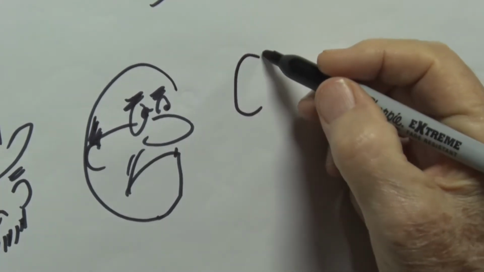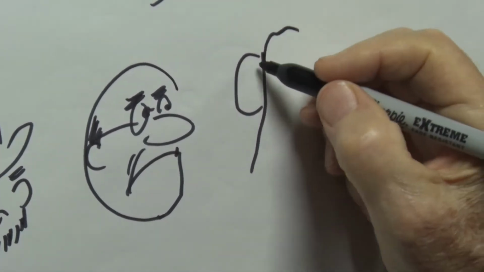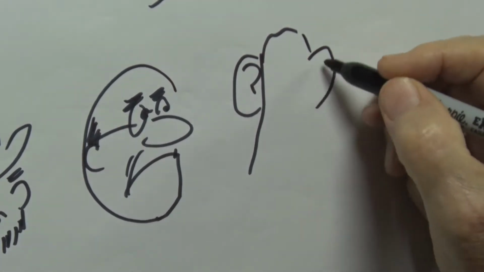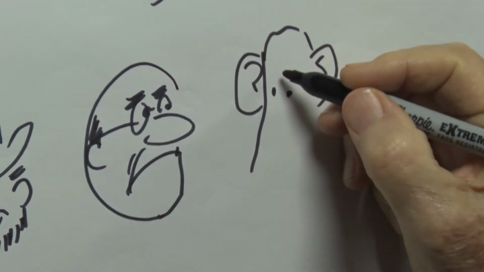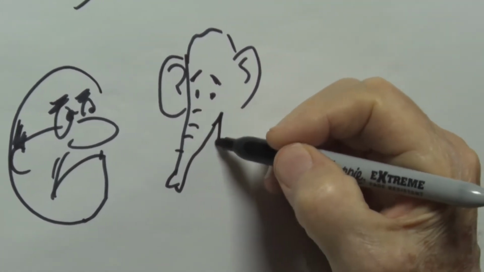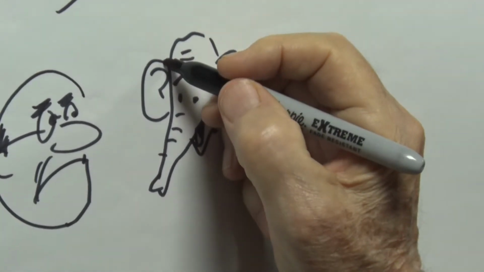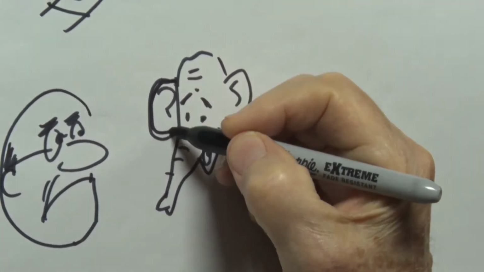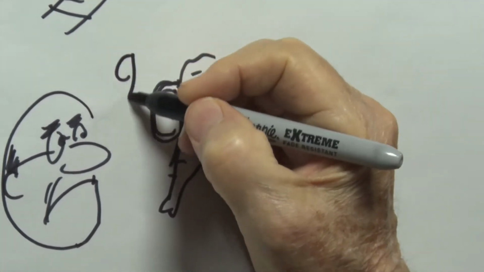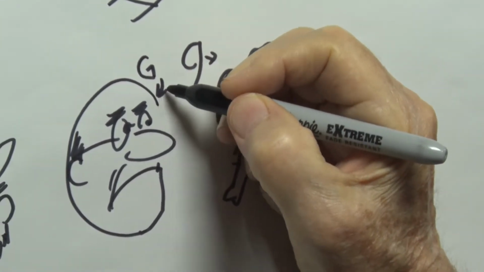And I've also seen, for a change, we can put an animal in here. Dumbo's cousin, an elephant. See the lowercase g, and then the uppercase G down here.